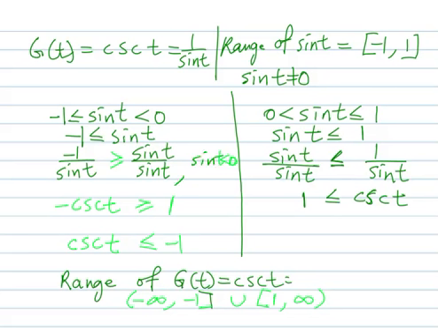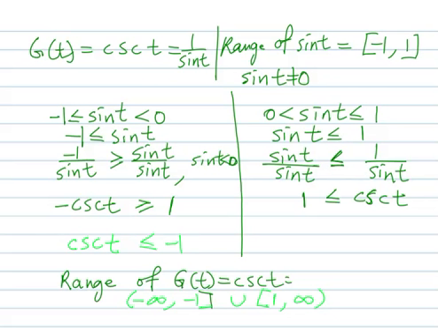Since sine of t is less than 0, when we divide both sides by a negative number, we reverse the inequality sign. On the left side, we have negative cosecant of t. It is greater than or equal to 1.